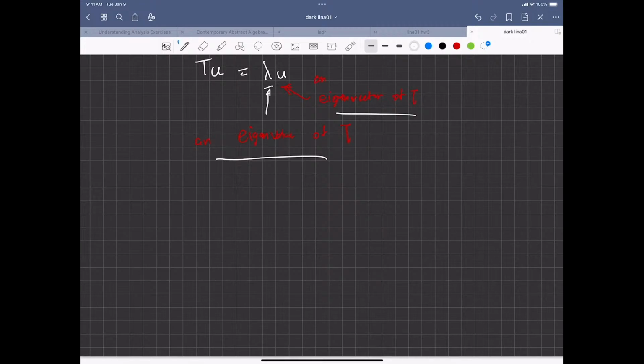So now we can give the whole formal definition. If T is an operator, then eigenvalues and eigenvectors are obviously tied to each other, so we can define both in one go.